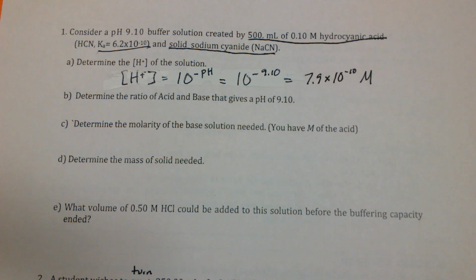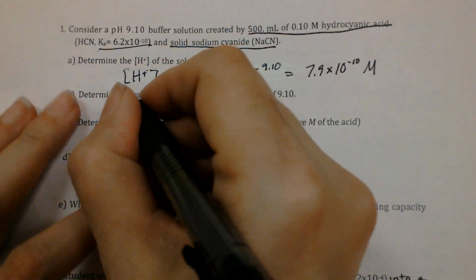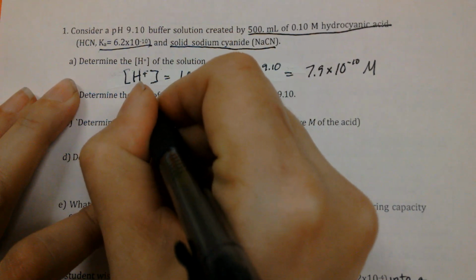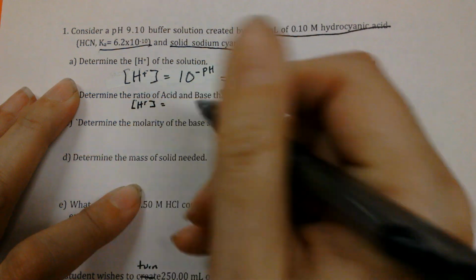So then the next most important thing about a buffer, aside from its actual pH, is the ratio of acid and base. Because as long as the ratio of the acid and base stays the same, then my pH will remain the same. So you can use whatever method you want to find that ratio. In this case, since it is specifically asking me for the ratio and specifically asking me for acid over base, I'm going to use that very lovely buffer equation that's on the top of the page.